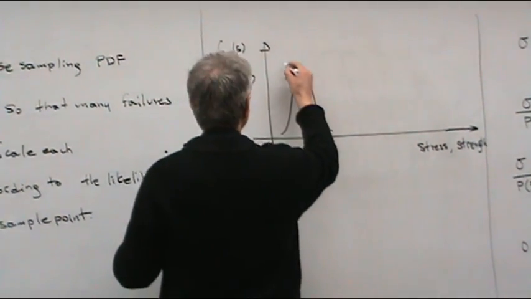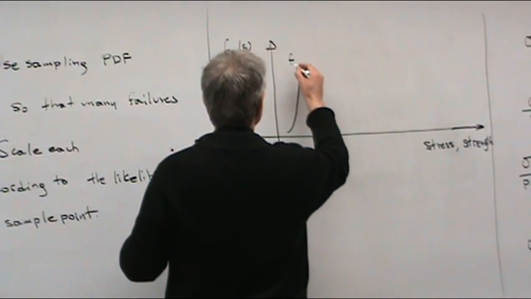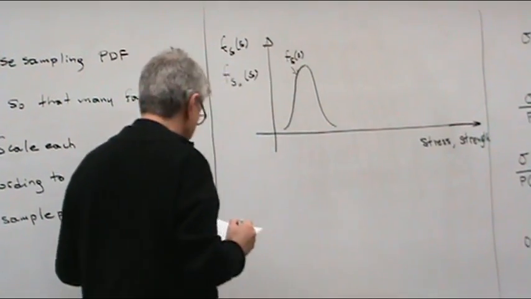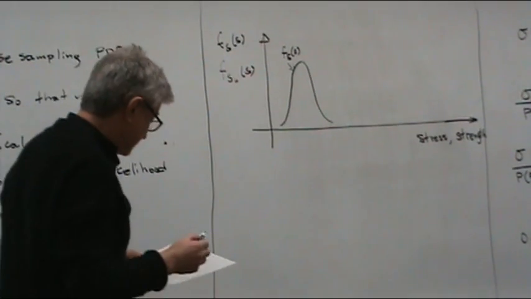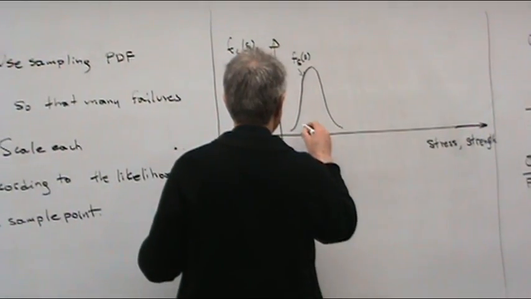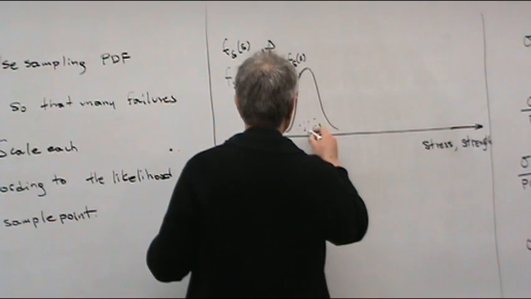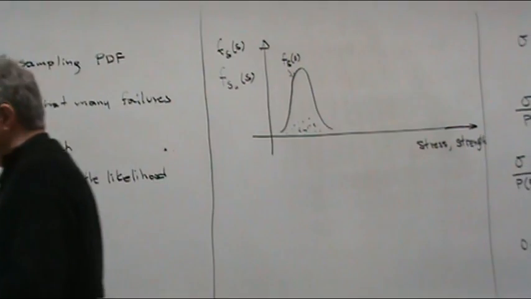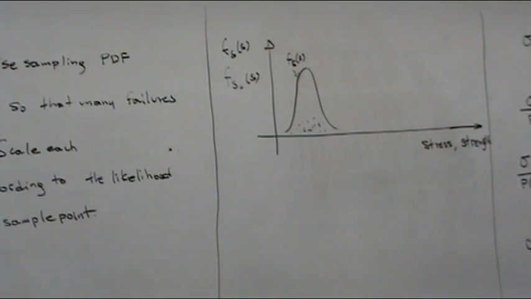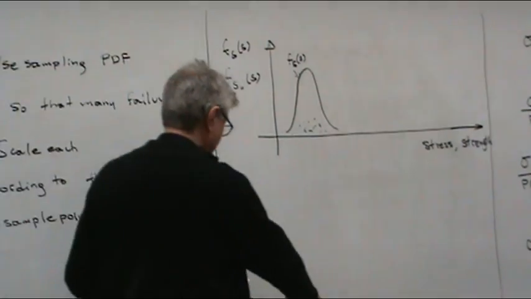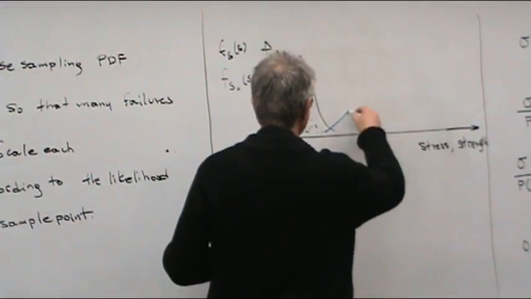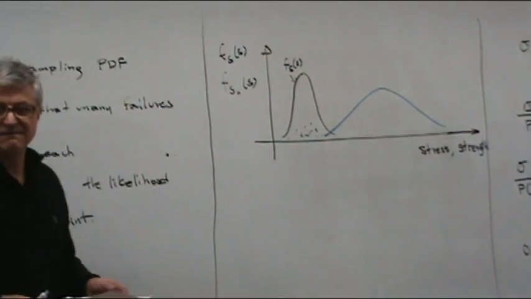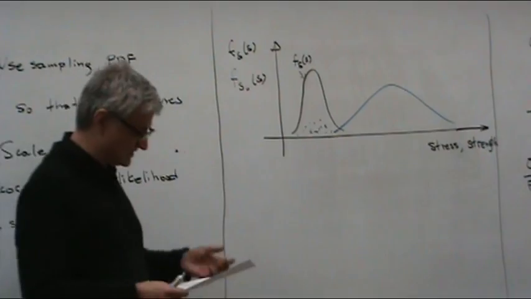Okay, so this is f of S, the true one. If you generate points, they will be anchored like this. Now, if the strength is here, then you don't have a lot of values. You don't have values in the interference region.